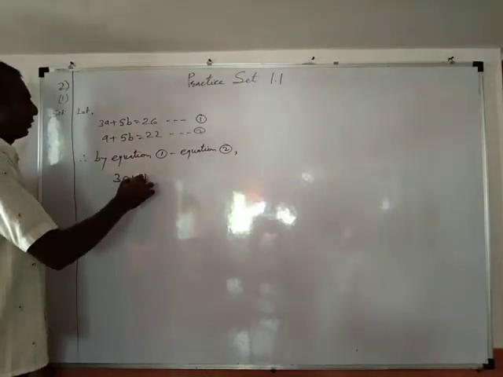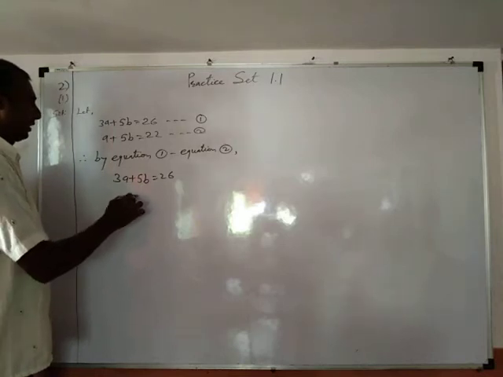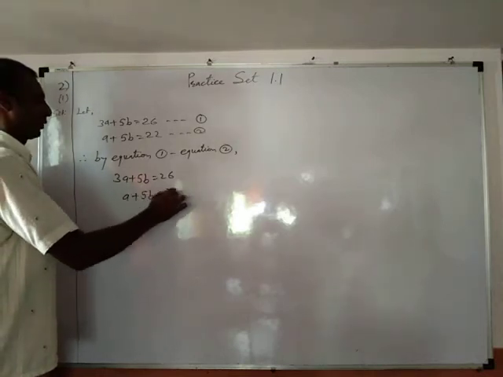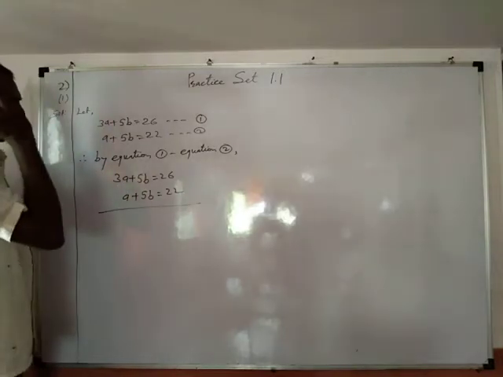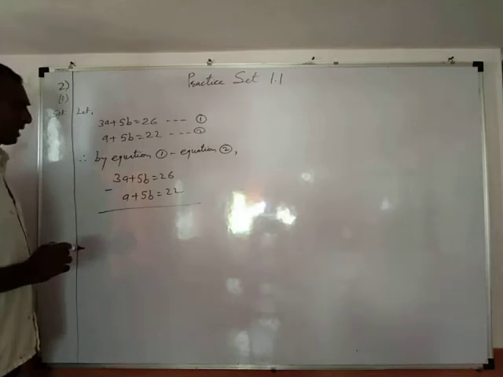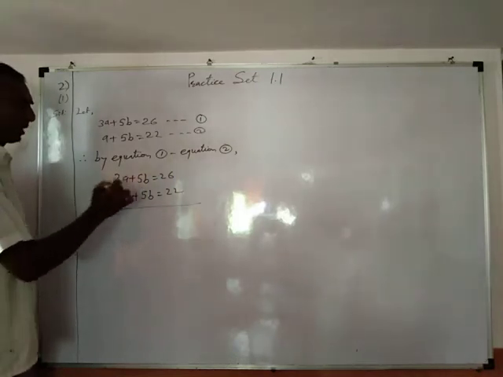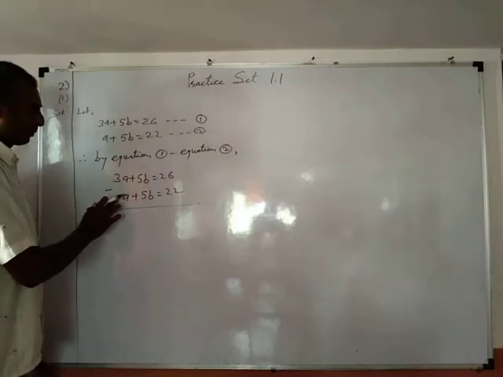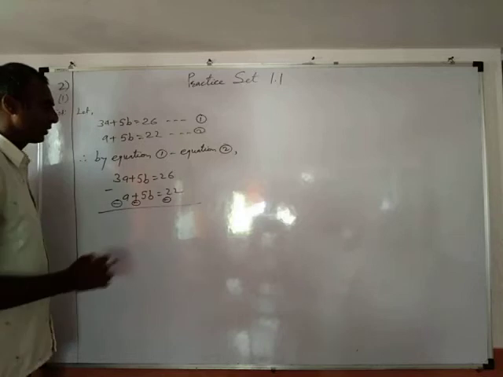3a + 5b = 26, and the second equation is a + 5b = 22. As we have decided to subtract the second equation from the first, let's write a minus sign in between these two. Due to this minus sign, the signs of every term of the second equation will be changed. Plus will become minus, plus will become minus, and again plus will become minus.